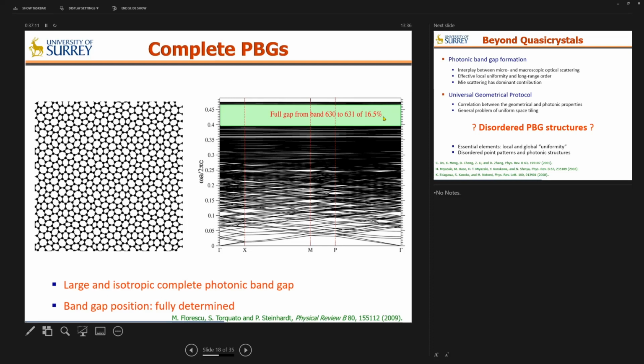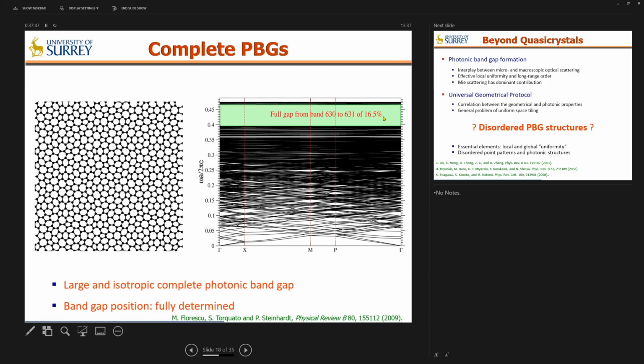So we note that periodicity is actually not a prerequisite for the formation of gaps. We get photonic band gaps in aperiodic structures, in quasi-periodic lattices. But now the question is: is Bragg scattering playing a role? Because we saw that for quasi-periodic structures, while they are not periodic, there is Bragg scattering embedded in them. Because of the Bragg scattering, they are called to have long-range order in the structure.